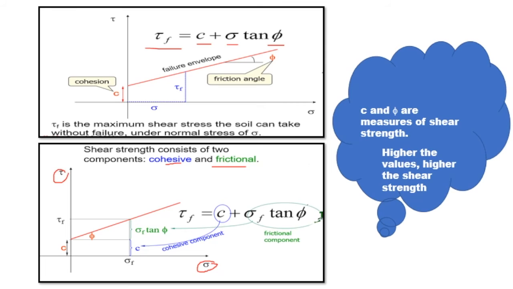The failure of the material occurs when the Mohr circle of stresses touches the failure envelope. Always remember, this is the basic equation to find the shear stress at failure. C and phi are the measures of shear strength, cohesion and angle of internal friction. The higher the values, the higher the shear strength of soil, and the better the resistance against shear failure.